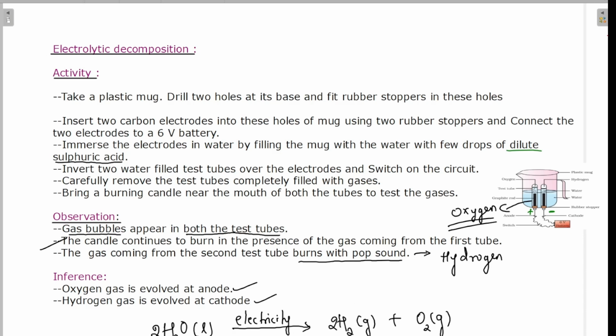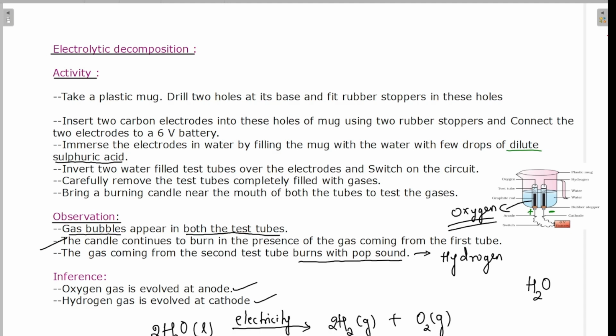You can see here the amount of hydrogen is double the amount of oxygen produced. As we see in this formula, the number of hydrogen atoms is double the number of oxygen atoms. There are 2 hydrogen atoms per molecule of water and only 1 oxygen atom per molecule of water. So the amount of hydrogen gas collected is double the amount of oxygen collected.